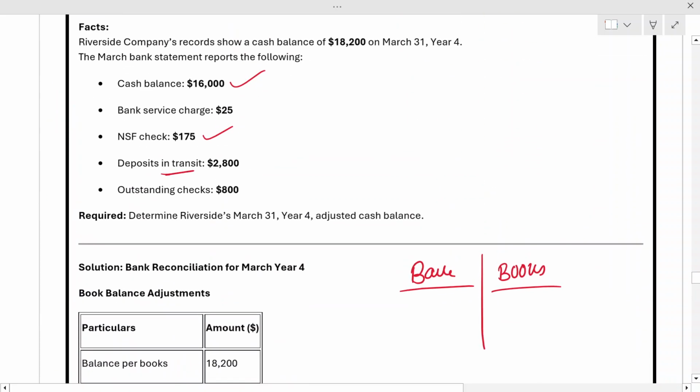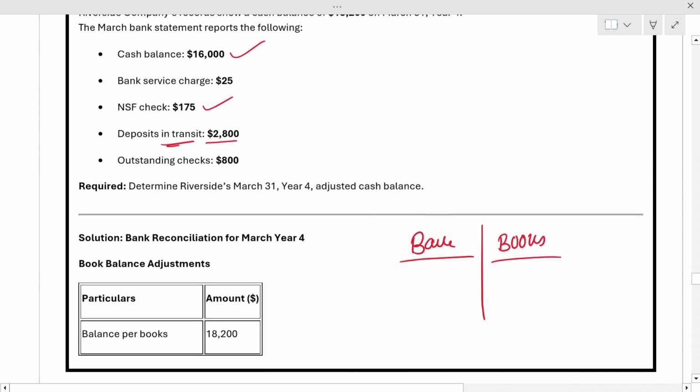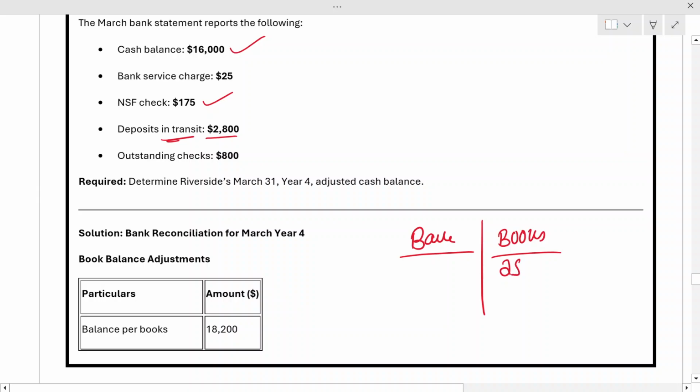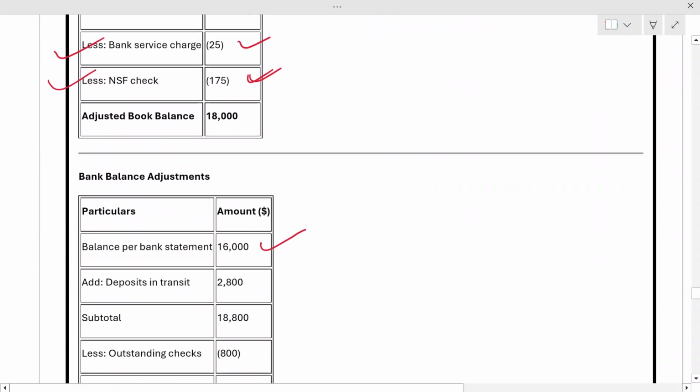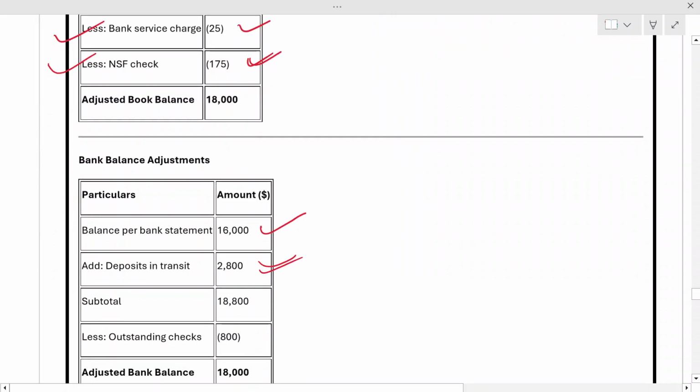Now there is a deposit in transit of 2,800, which means you have increased your books by 2,800, but that has not reached your bank. So you will write 2,800 plus here, so that both of them get a total number of 2,800 and match. So you will be adding this 2,800 here.